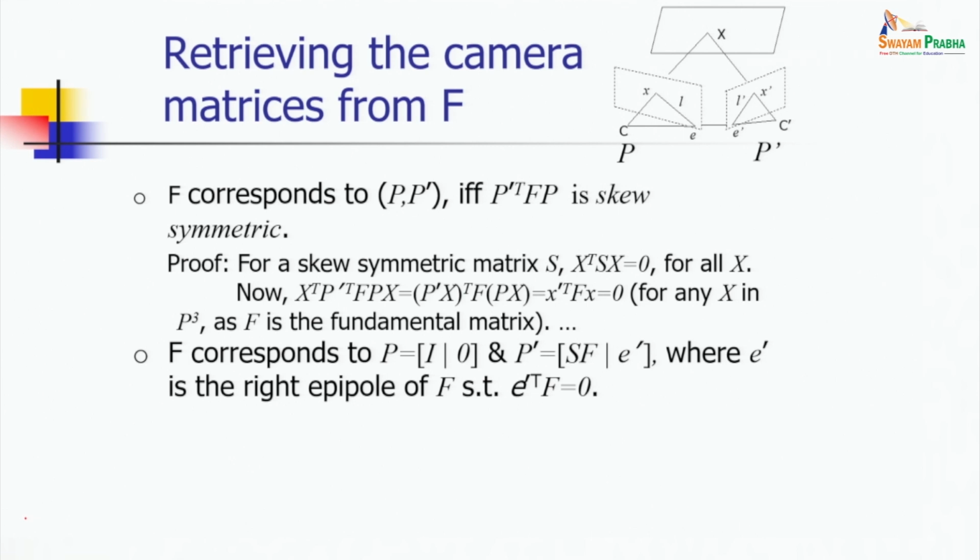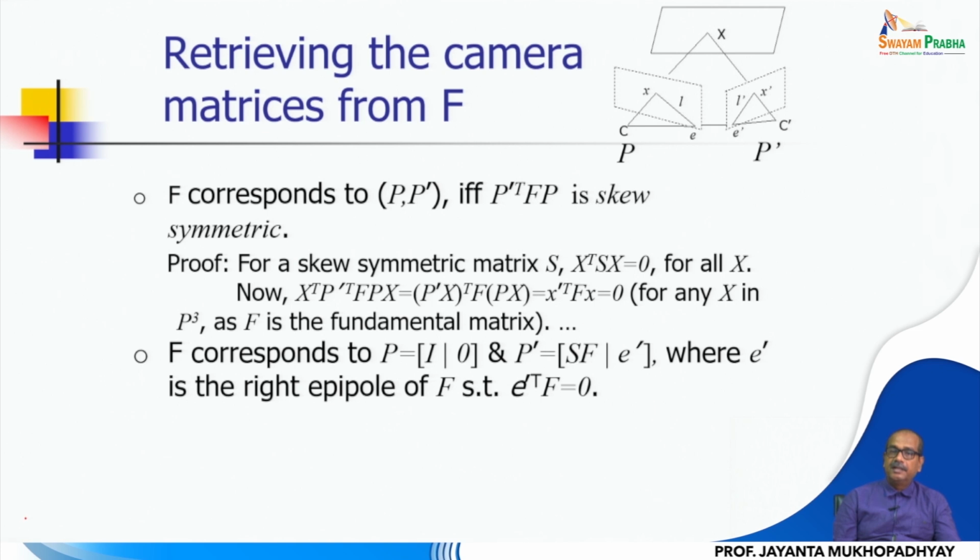Now this is the interesting part, providing you plausible solutions from the fundamental matrix. I have already fixed this earlier, I told you P prime can be considered as [SF | E prime], where F is the fundamental matrix, S is any skew symmetric matrix, and E prime is the right epipole, such that E prime transpose F is 0.